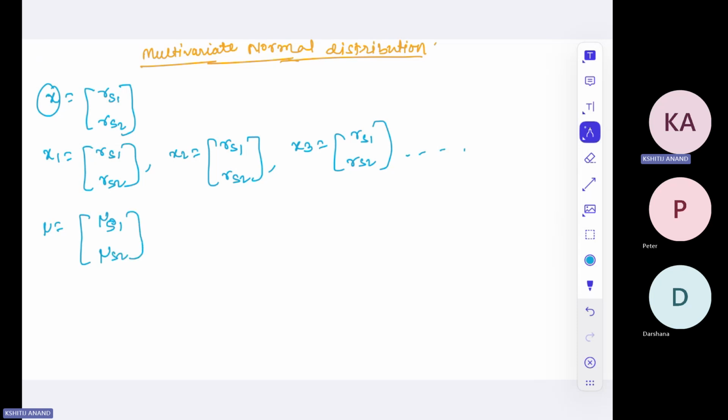And now we have two stocks, so we won't simply write the variance or standard deviation, but we will have something called covariance as well. So we will have a covariance matrix sigma as well. What will be the size? Size will be 2 by 2, so here you will have variance, and here covariance, right? Everyone got it?